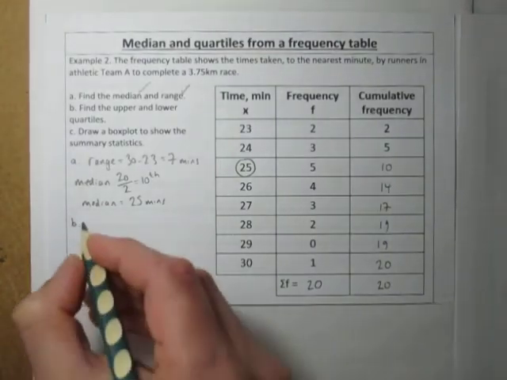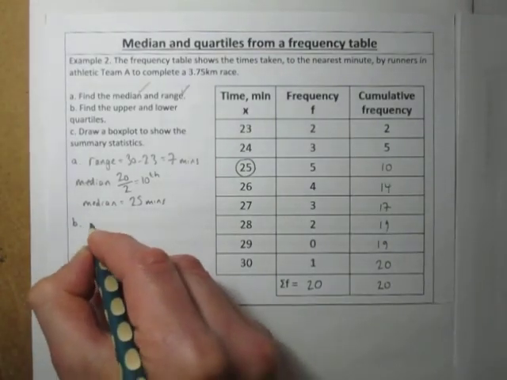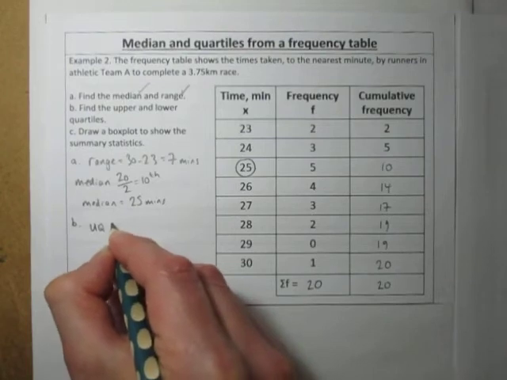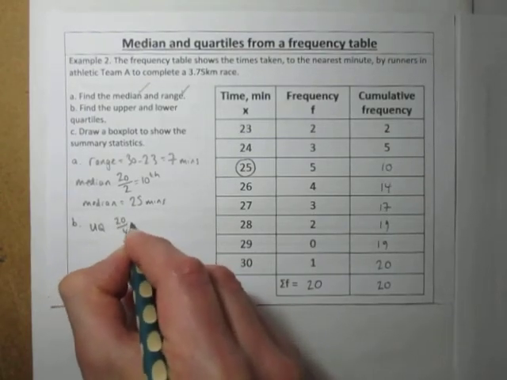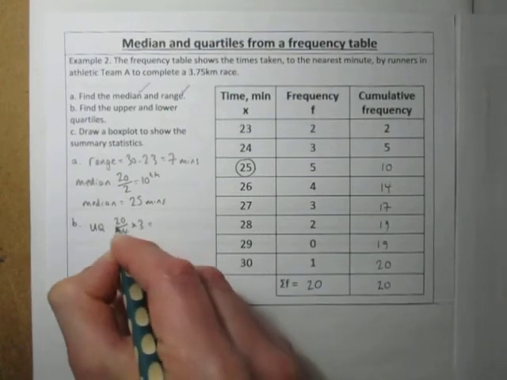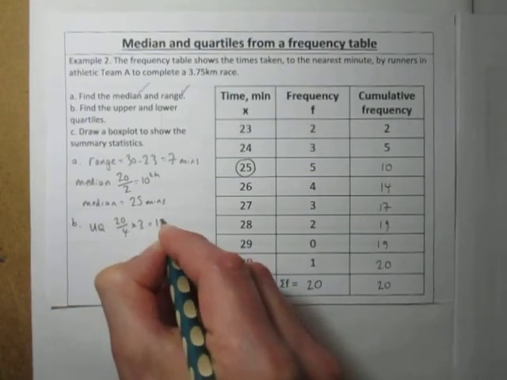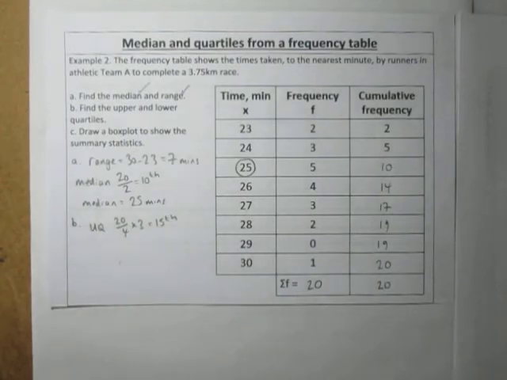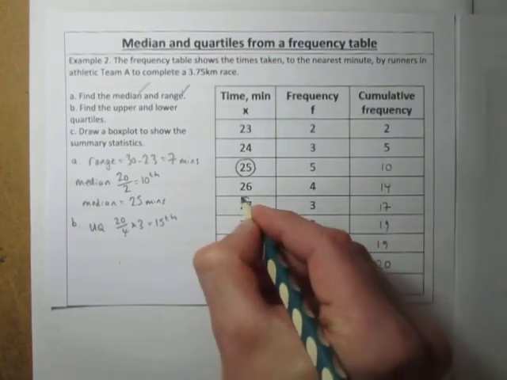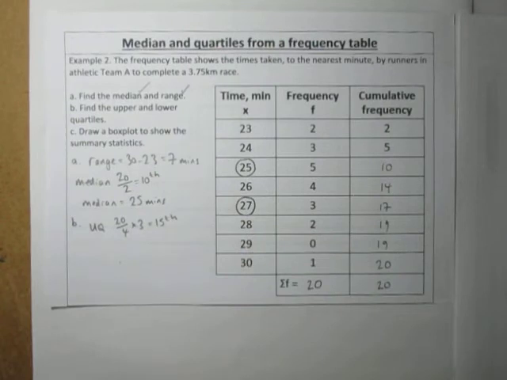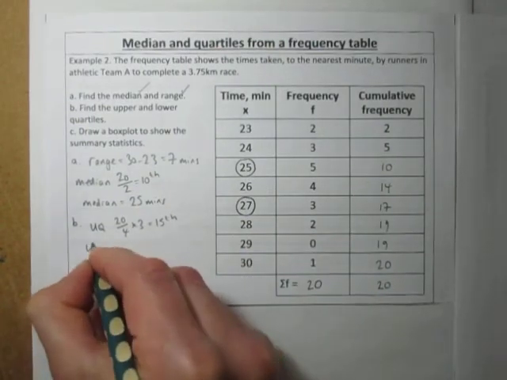Similar idea here then for the upper and lower quartiles. Well, the upper quartile is going to be 20 divided by 4 times 3. 20 divided by 4 is 5, times by 3 is the 15th value. So let's find where the 15th value lies. Well, the 15th value lies between 14th and 17th. So the upper quartile must be 27.